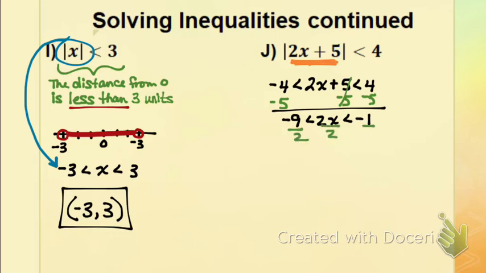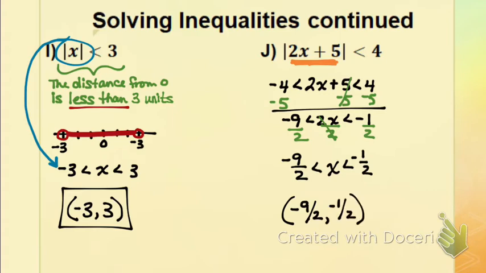Divide everybody by 2. Negative 9 halves is less than x is less than negative 1 half. So parentheses, negative 9 halves, comma, negative 1 half. Beautiful. You guys are rocking this. I got 2 more problems and we're done with this section.